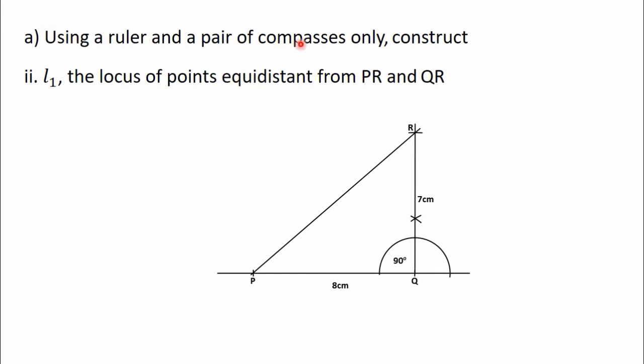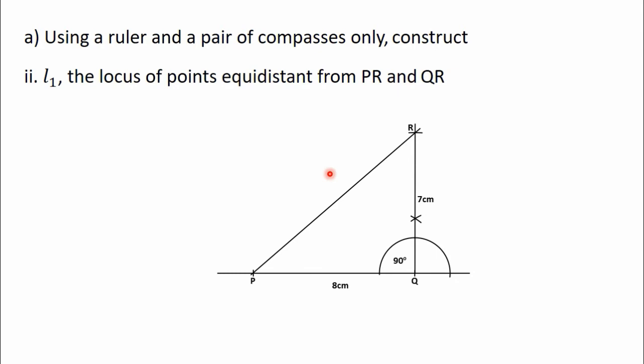It says that we should construct L1, the locus of points equidistant from PR and QR. So here we are going to construct the locus of points equidistant from the line PR and the line QR. The line PR and the line QR intersect at point R. We have seen that the locus of points equidistant from two intersecting straight lines is the bisector of the angle formed between the two lines.